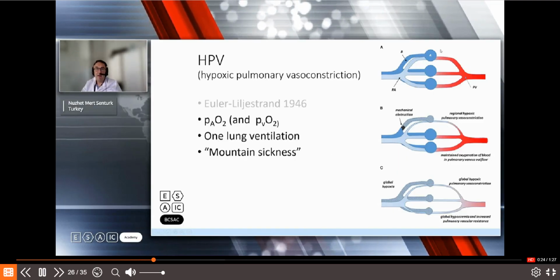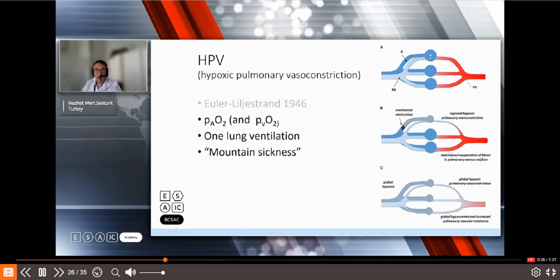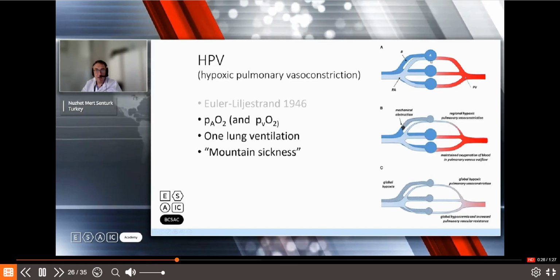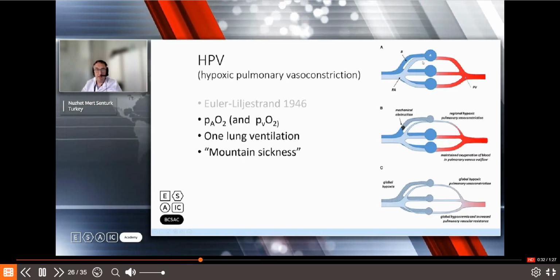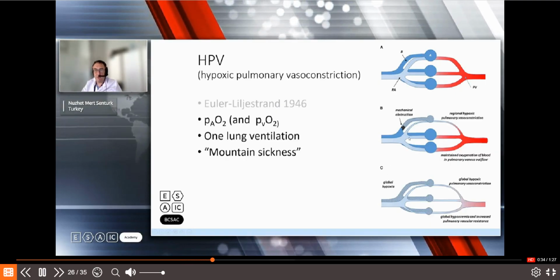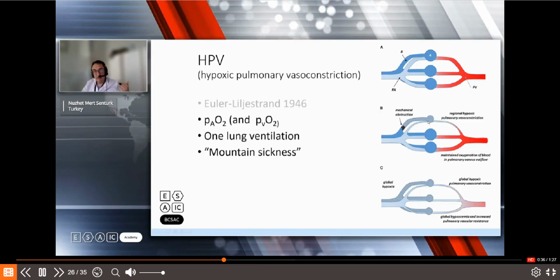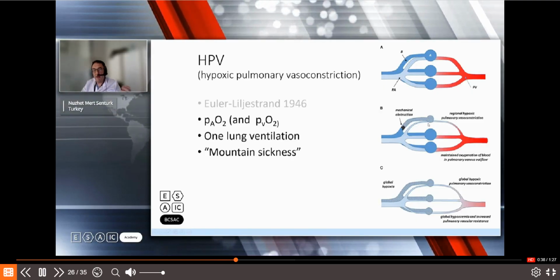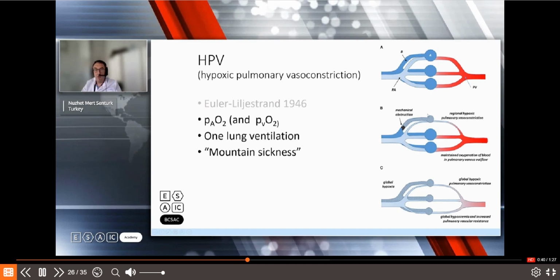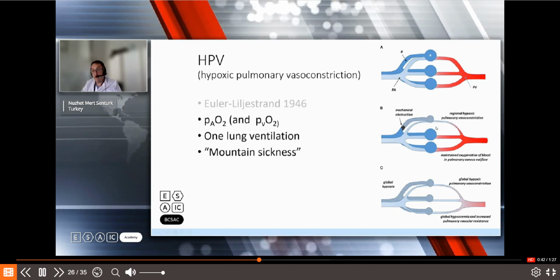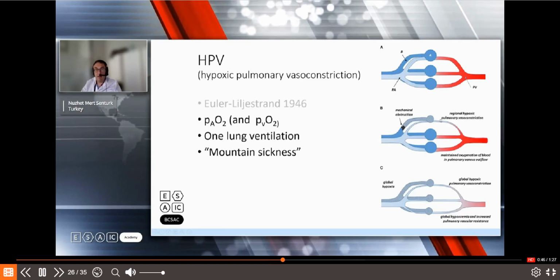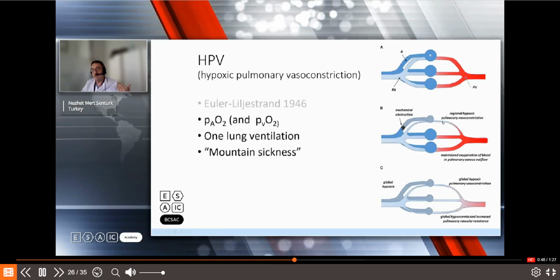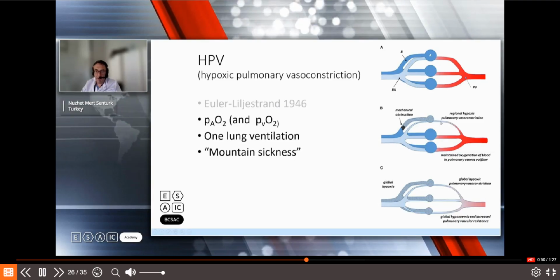If I have in an alveolus a low oxygen pressure, then the perfusion around this alveolus would decrease as a result of the vasoconstriction around it. This is beneficial if I have a limited area of hypoxic alveoli, which can be the case during one lung ventilation, of course. This would decrease the percentage of the pulmonary shunt.